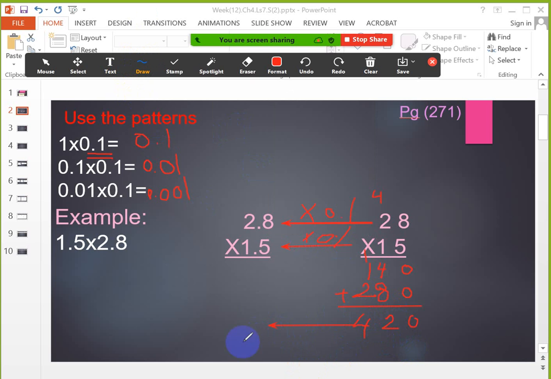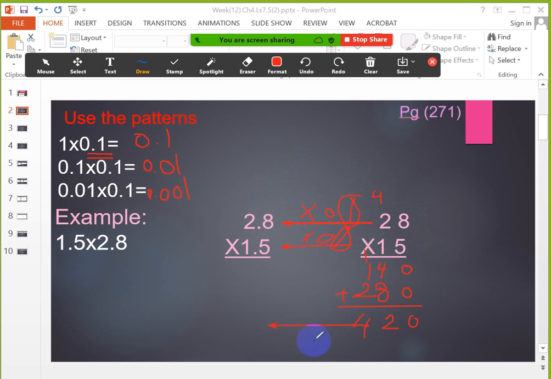You know that to return from the whole number to decimal number, I have to multiply each one with 0.1. And 0.1 has only 1 digit after the point. That means I have here 1 digit. And here I have 1 digit also.